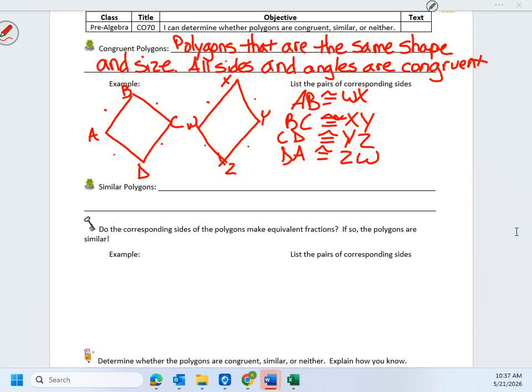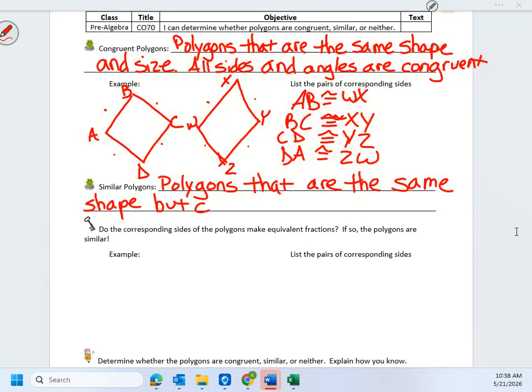Now, similar polygons are polygons that are the same shape, but different size.